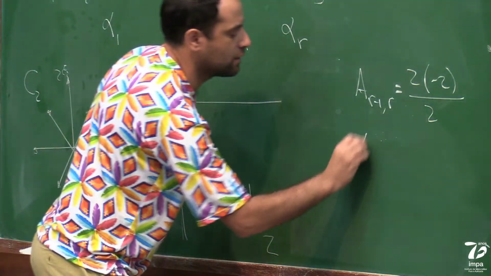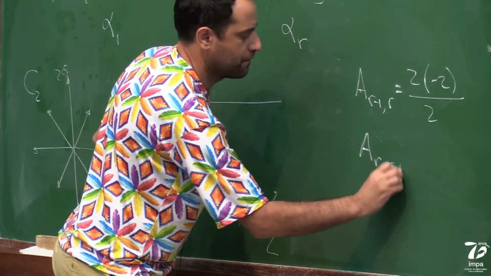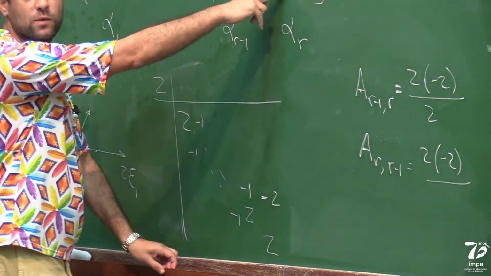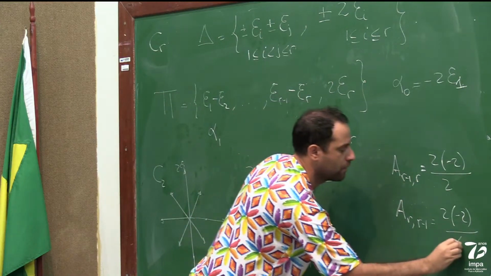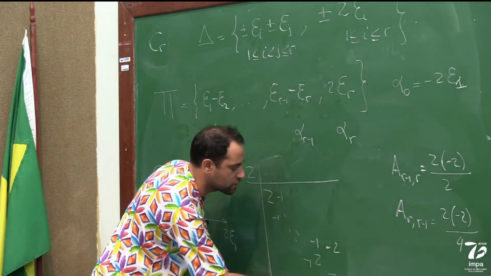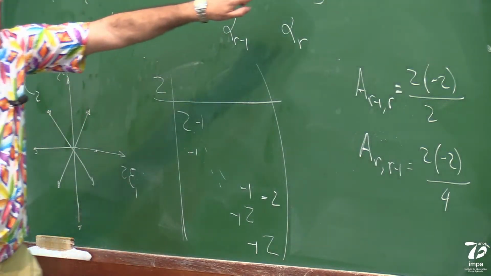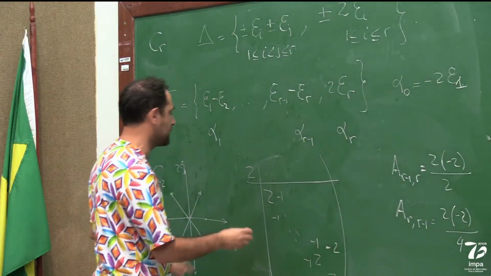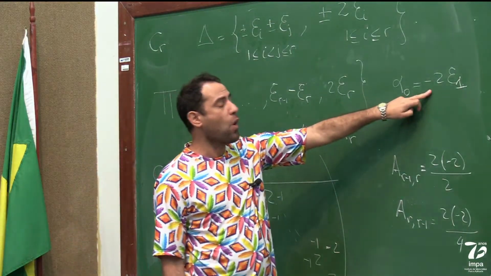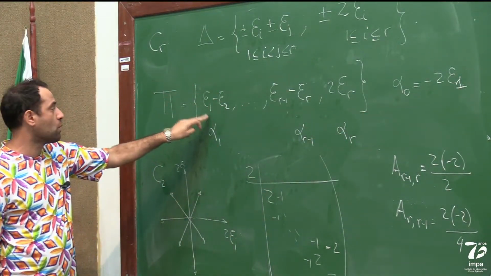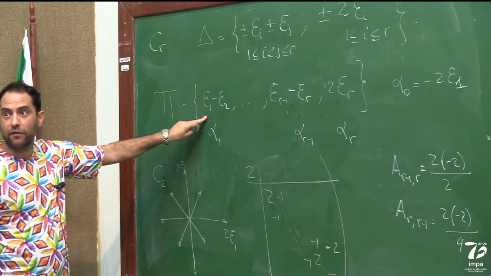And if I do this on the transpose, this is 2 times, again, minus 2. But now I need to divide by the square length of that, which is 4. So here I have a minus 1. The same thing for alpha 0. Well, alpha 0 is slightly interesting now because this guy has only non-trivial inner product with the guys that have an epsilon 1, which is alpha 1, and nothing else.